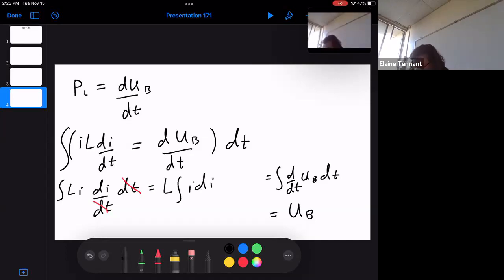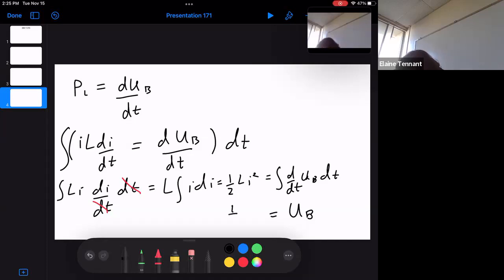Okay, then I'm integrating I with respect to I. And what is the integral of I with respect to I? Yes, one half I squared, right? You had it. Okay, this is good.